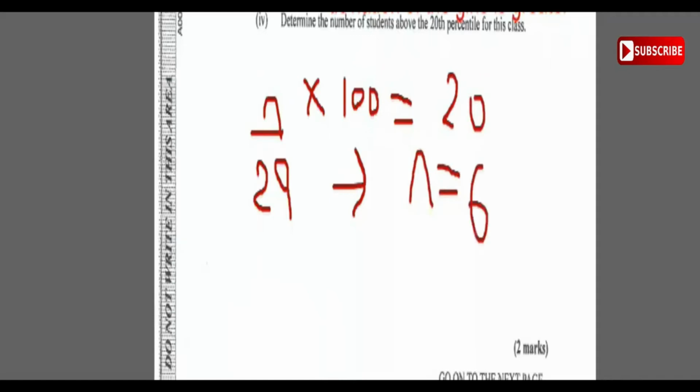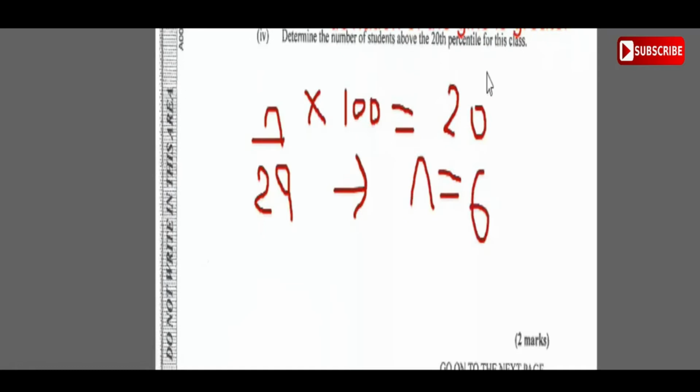So what does that mean? That means 23 students are above the 20th percentile.